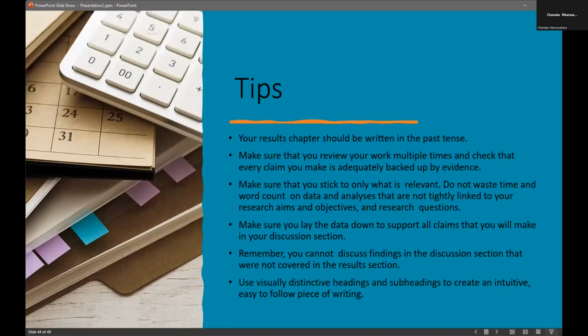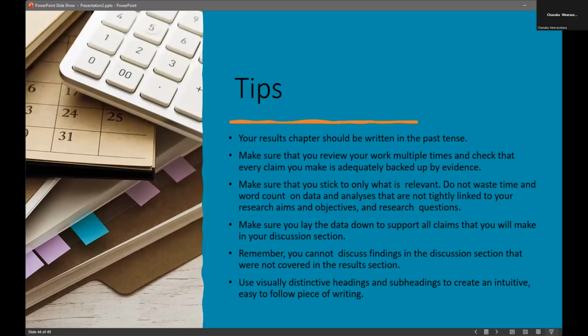The fourth one is make sure you lay the data down to support all claims you will make in your discussion section, right? In the discussion section, the things that you want to discuss and interpret, the data should be presented in the results section. So you cannot discuss anything that is not presented in the results section.